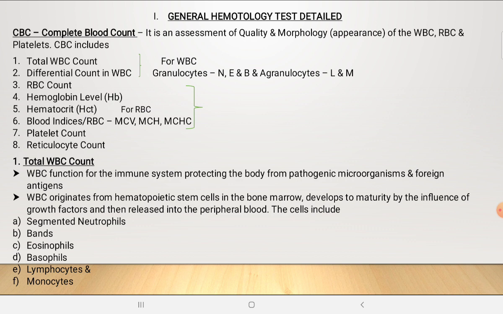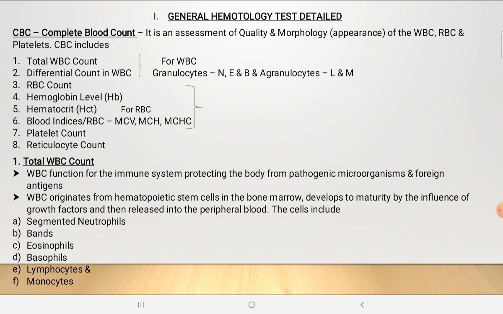Granulocytes are neutrophils, eosinophils, and basophils, and agranulocytes are lymphocytes and monocytes. In the differential WBC count, they look at the morphology of the individual cells within the WBC. So, these are the two tests within WBC in CBC.